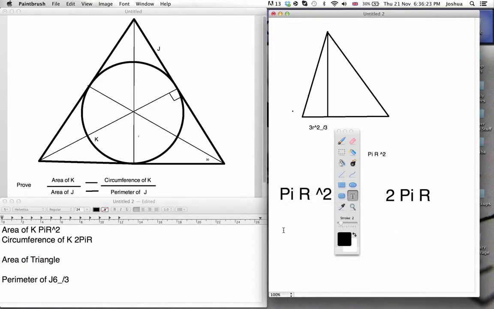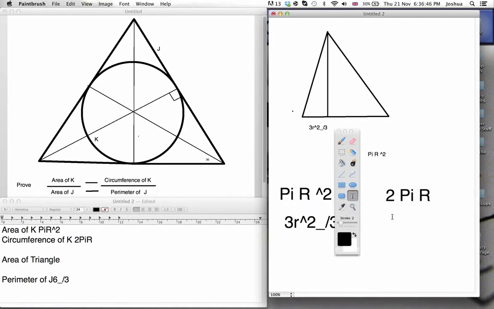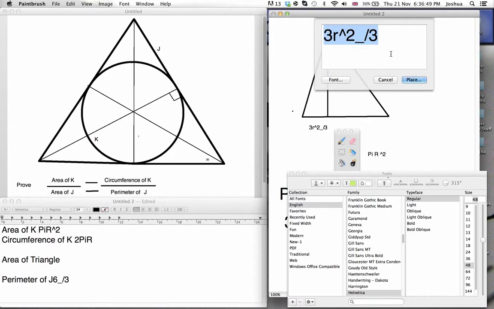And then we're going to need the area of J, which was 3r squared, the square root of 3, and we know that the perimeter was 6 the square root of 3.